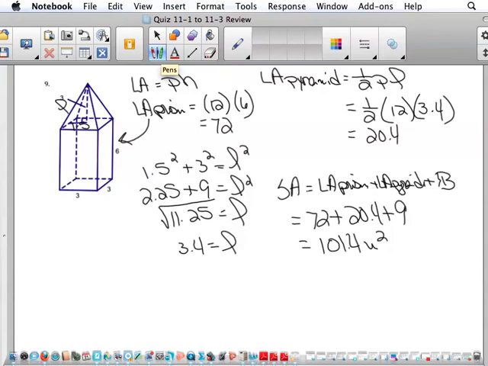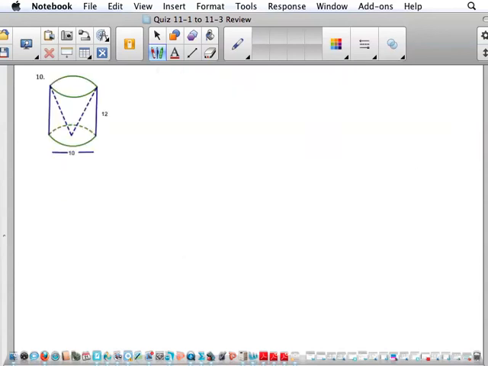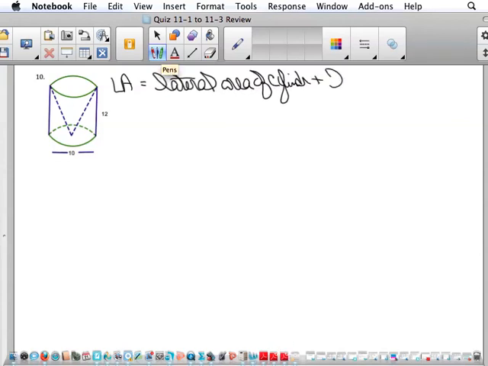Okay. Next one. Remember this one. You have a cylinder and you have a cone on the inside. So this lateral area is the lateral area of the cylinder plus the lateral area of the cone. Okay, the diameter is 10.